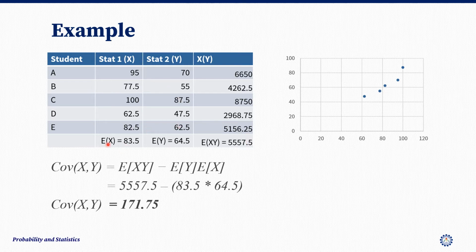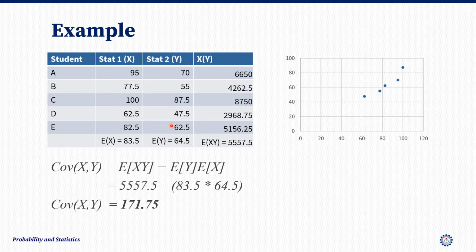So here we have the average of X, and also the expected value of Y, 64.5. The expected value of X multiplied by Y is 5,557.5. We assign that here.